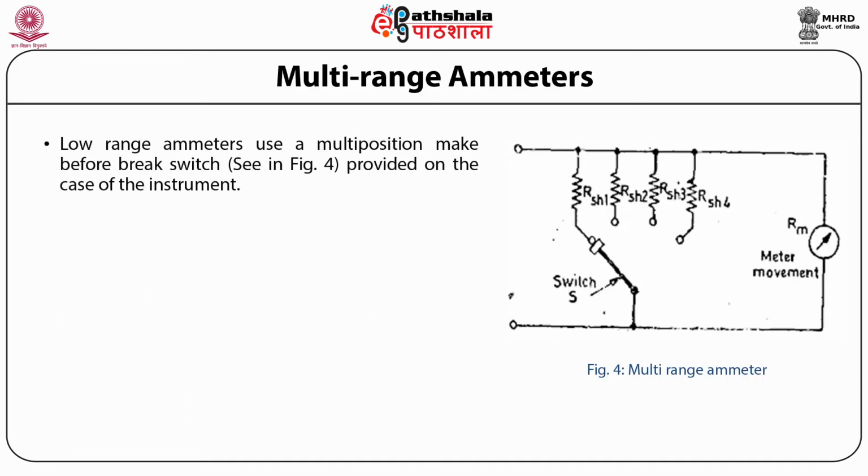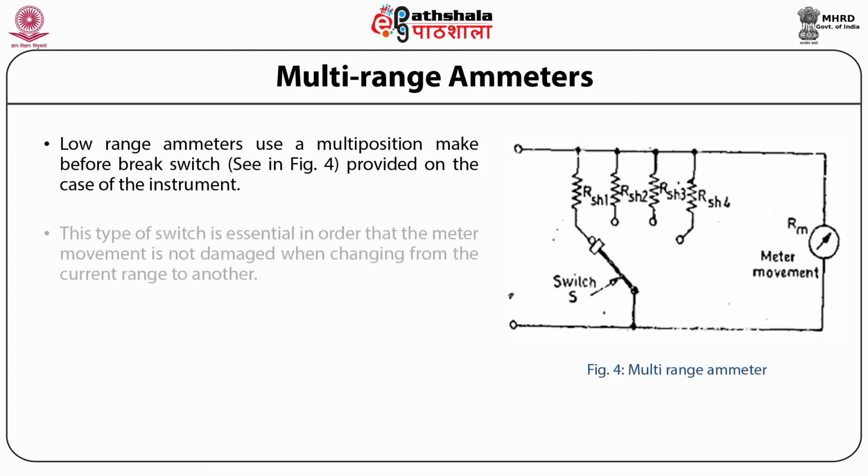Low range ammeters use a multi-position make-before-break switch, as is shown in figure 4. The make-before-break switch is provided on the case of the instrument. This type of switch is essential in order that the meter movement is not damaged when changing from one current range to another.